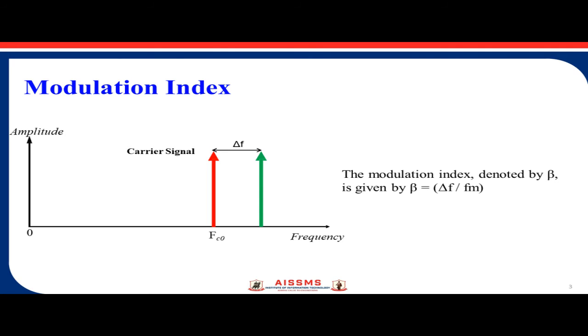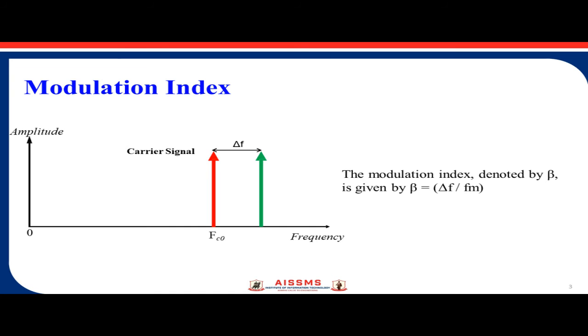The green arrow shows the current frequency of the carrier signal, whereas the red arrow shows the original position of the carrier signal when there is no modulating signal. The difference between the two is delta F. This delta F can be positive or negative.